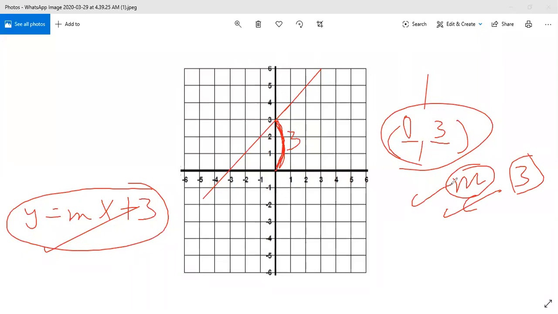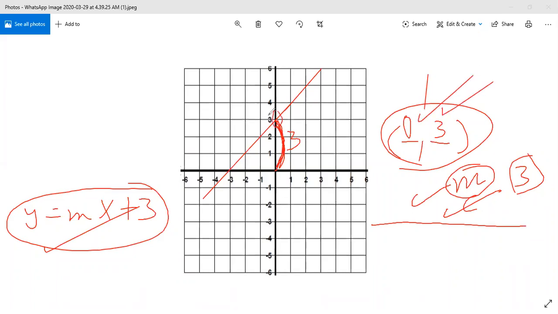So you need 2 points. That's right? Okay. So please tell me 2 points. Extract 2 points from the red line. Any 2 points. We have one already: 0 and 3. You can use it, no problem.